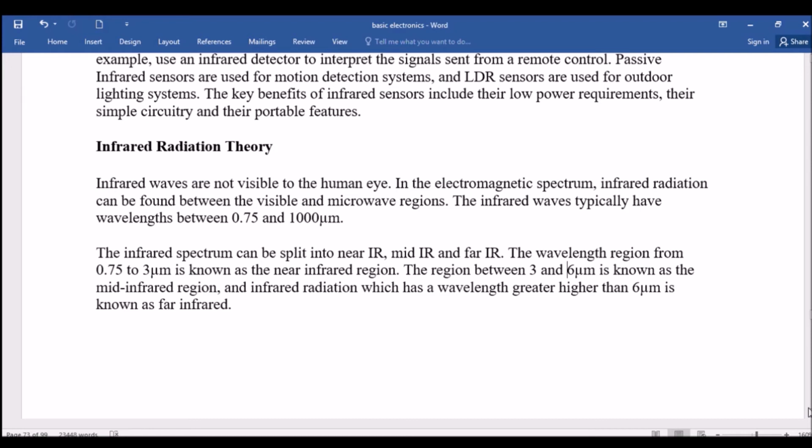That is a type of infrared which is used for long distance, a far infrared sensor which can radiate for long distance.